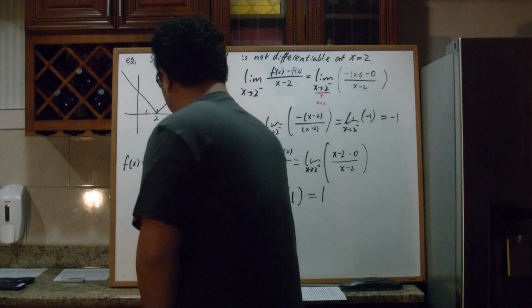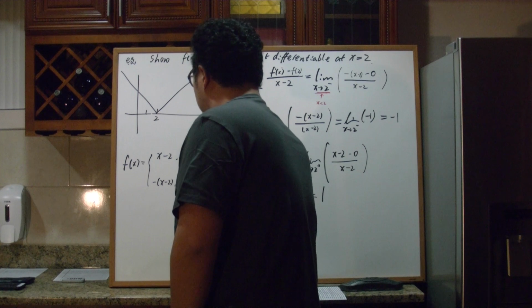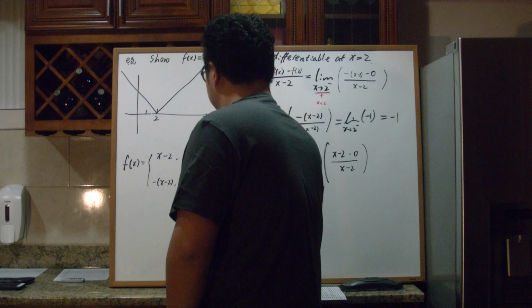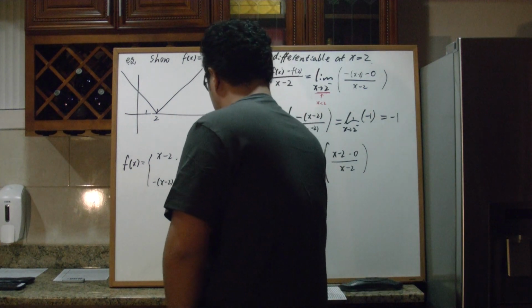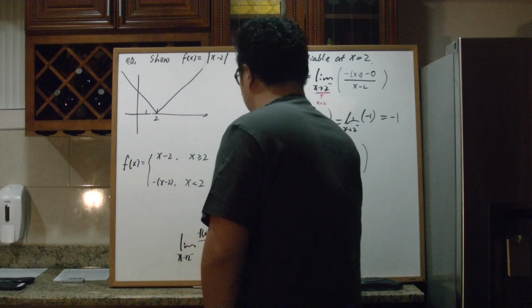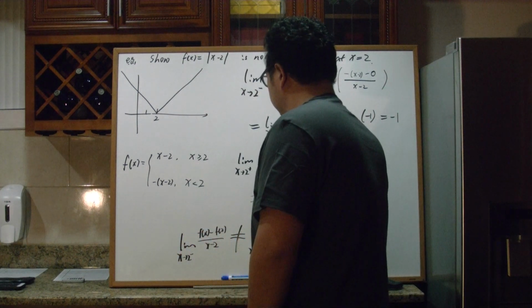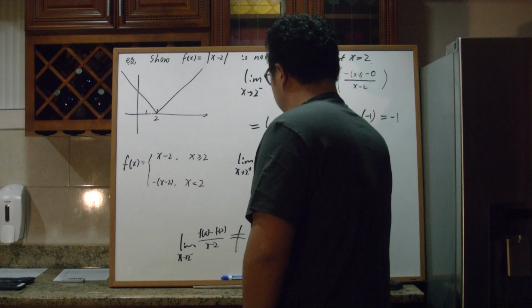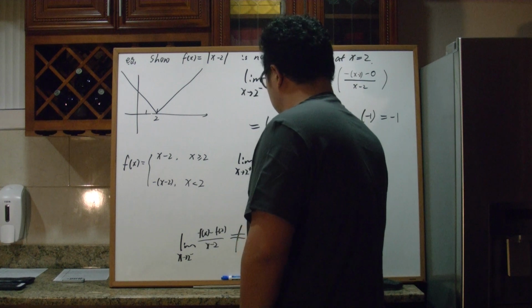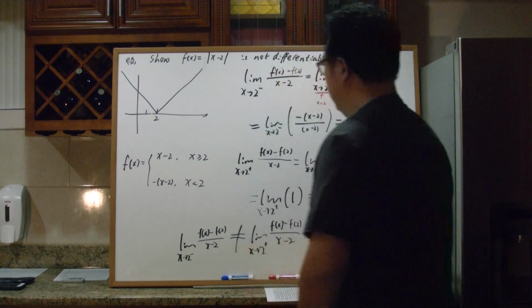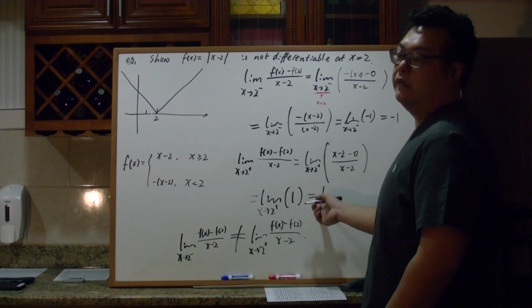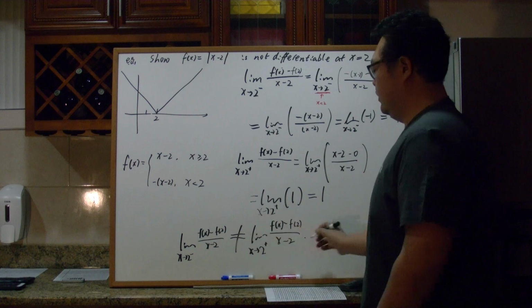And therefore, the limit from the left is not equal to the limit from the right. That's what we see: from the left it's negative 1, from the right it's 1. Therefore they are not equal.